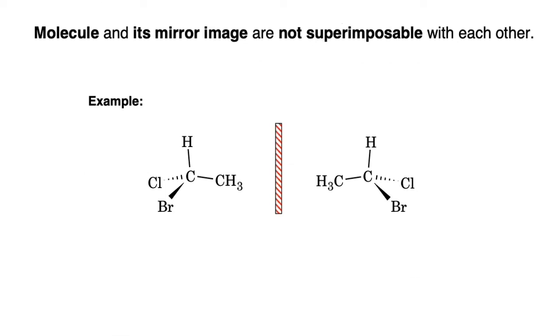Okay, jom kita lihat requirement kedua. Okay, second requirement, it mentioned here that they mentioned di sini, a molecule and its mirror image. So, maksudnya di sini ada dua molekul are not superimposable with each other. So, macam mana ni?